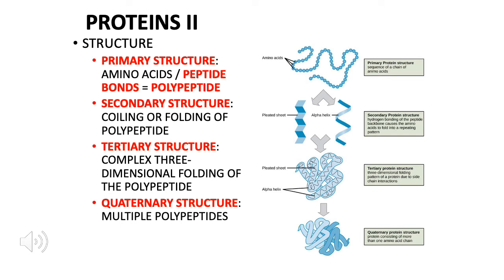Beta, spelled B-E-T-A, Greek letter for B, pleated sheet arrangement. In any event, it is the individual amino acids along the length of that polypeptide that will result either in that folded appearance or that spiral appearance, and that folding or that coiling is referred to as the secondary structure of the polypeptide.